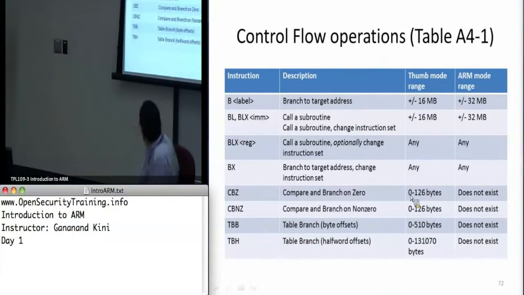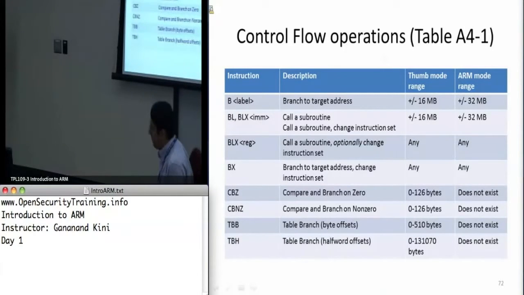But as you can see, the range is also very limited with the compare and branch to 0, where you can only jump either +4 or +130, because the PC is always pointing 2 instructions ahead. In thumb mode, you can do +4, or you can go up to 130 bytes ahead in the address space.